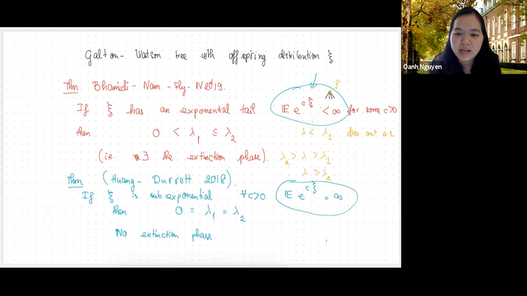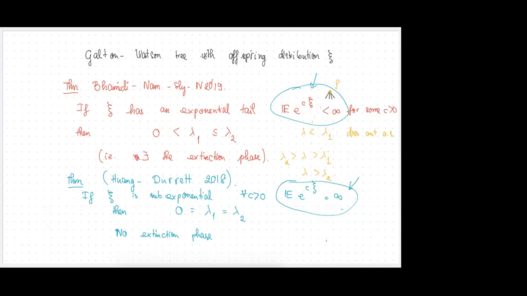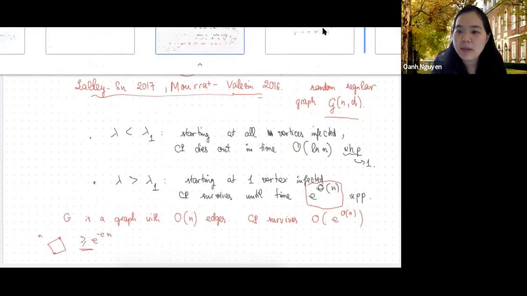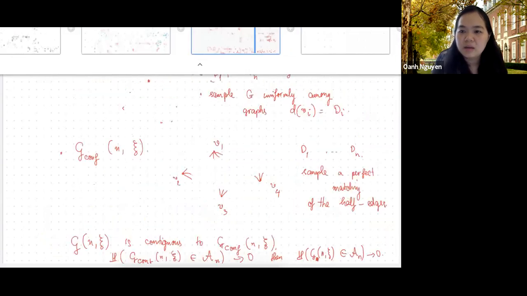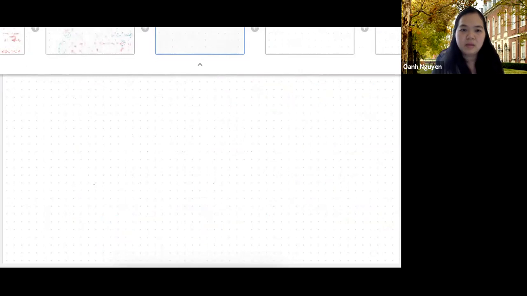If it's exponential, then it has an extinction phase, and if it's sub-exponential, then it doesn't have an extinction phase. So that's necessary and sufficient. Now back to the question of where that comes from. Let me go to a blank page and try to explain that. That's actually a very good, excellent question.